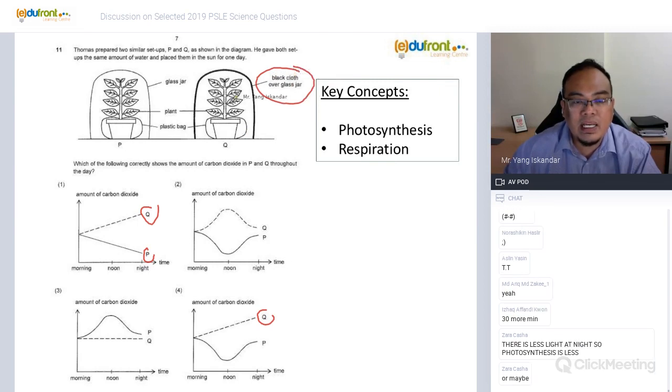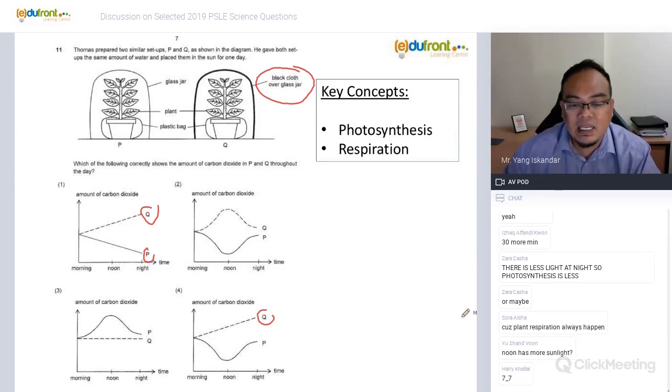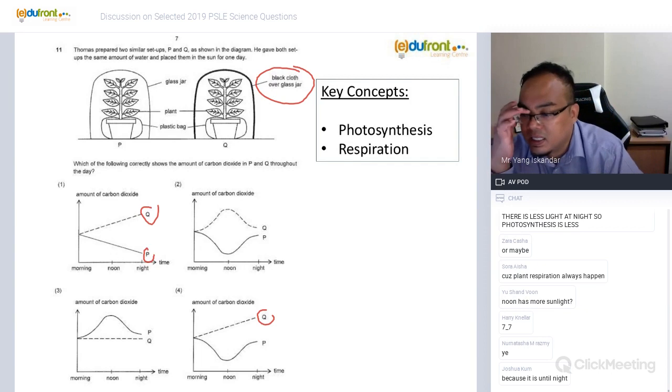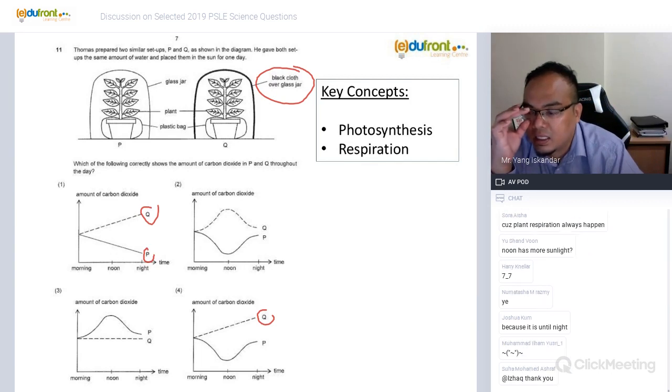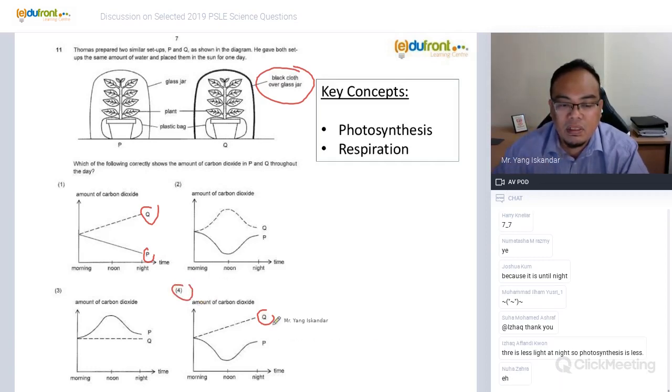This plant did not receive any sunlight, so no photosynthesis takes place, only respiration. So the amount of carbon dioxide increases and increases. But what about P? Why P is this way?